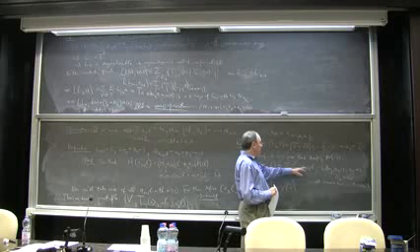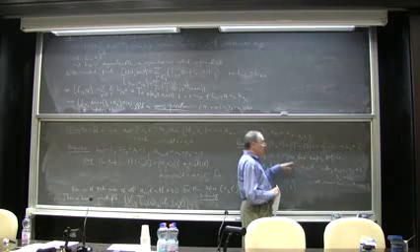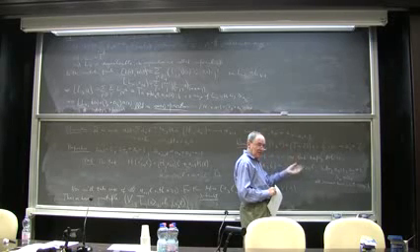Because A and B have conformal weight delta A plus delta B minus n, but lambda to the n has conformal weight n. So n and n cancel out.